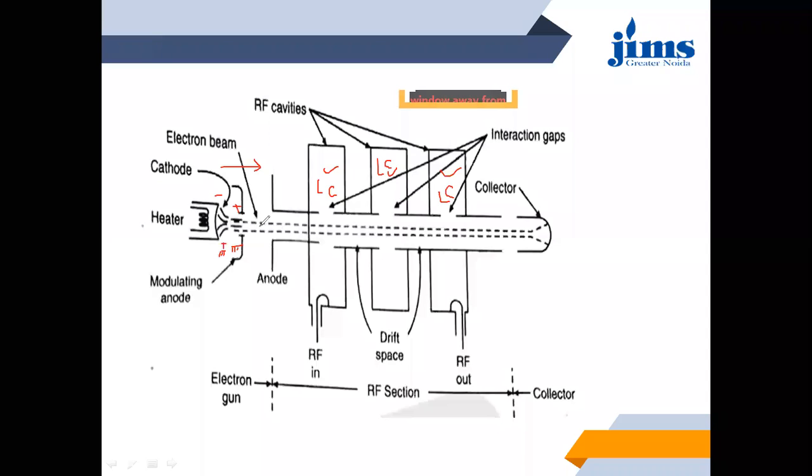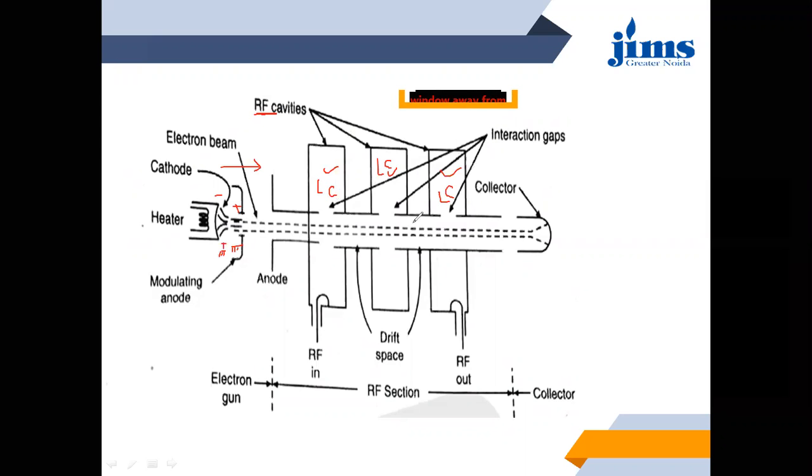So the electrons moving from here are passed through multiple RF cavities, and the name itself is radio frequency cavities. So these cavities provide high frequencies or radio frequencies by behaving as high frequency LC circuits. LC circuits are the tuned circuits or tank circuits which provide oscillations, right?